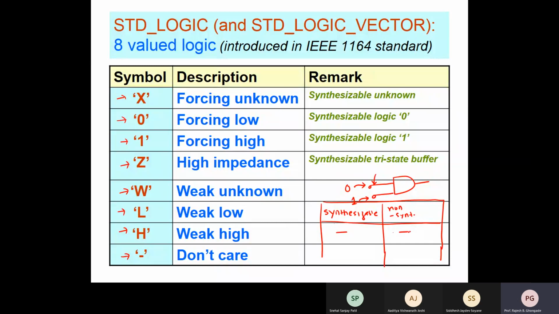This is very, very important, because ultimately you have to make everything in terms of synthesizable. If it is not synthesizable, it remains only a fancy item which can be only simulated, that also functionally. Okay. So make use of the last page of your notebook and make 2 columns, synthesizable and non-synthesizable.